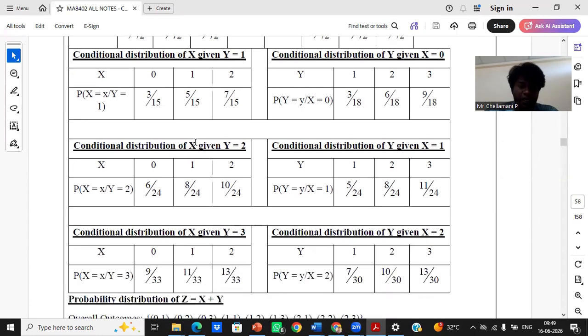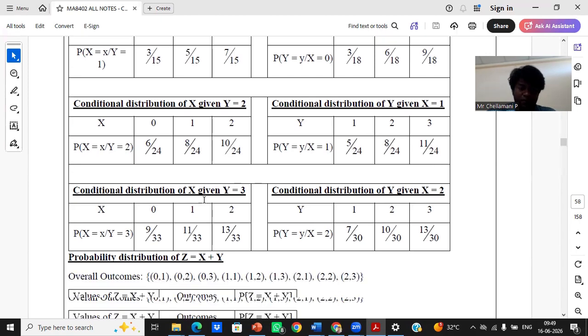Next, we fix y equal to 2, then we get the values 6 by 24, 8 by 24, and 10 by 24. Similarly, for y equal to 3 we get 9 by 33, 11 by 33, and 13 by 33.